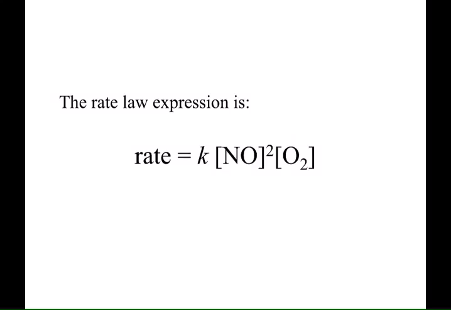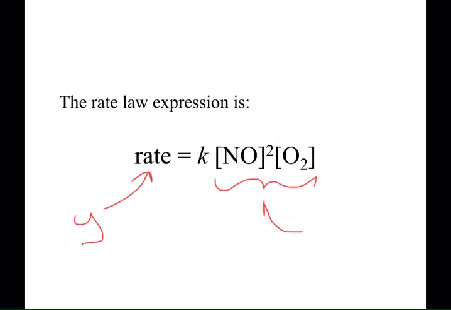So that's NO raised to the second power times O2 raised to the first power, molar concentrations of. And we're almost done. So like I said before, now what we're going to do is plot rate along the y-axis, and we're going to plot this actually along the x-axis. And then our slope is going to be K.